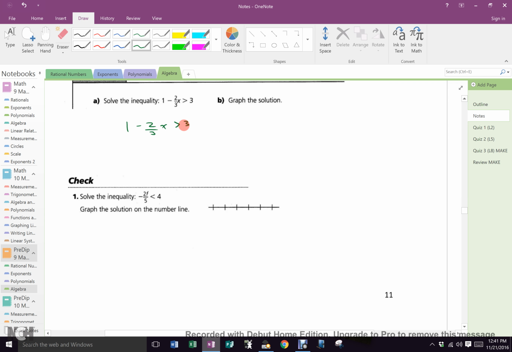What is your job whenever you see this construction? You have to get x on its own. Yes, what do we say in math class? Isolate. Isolate x. So everything else has to move away. Where do we start? With the 1. Why? Because it's a constant.